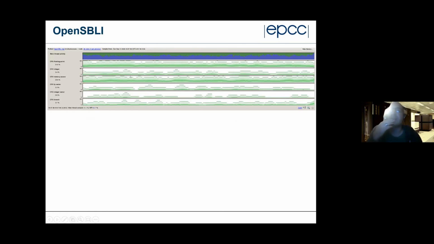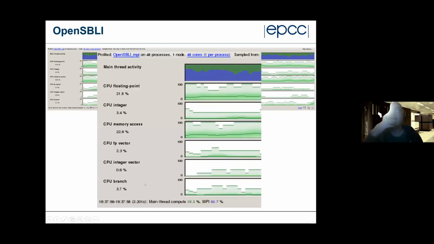So you can see benchmarking this OpenSBLI code on a single node of the EPCC NGIO system, where it was giving us good performance, I don't expect you to be able to read this, but most of the time for this code is being spent in the MPI. And actually it's not vectorizing very well at all. We've got about 2% of this running in vector mode. There's a fair bit of floating point and memory stuff, but it's not vectorized floating point and memory stuff.